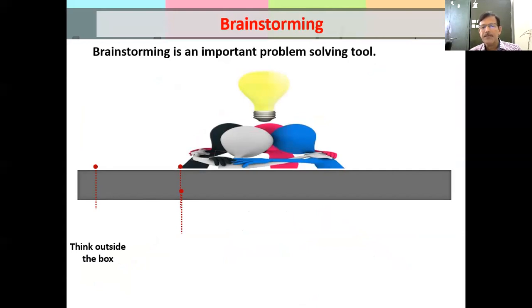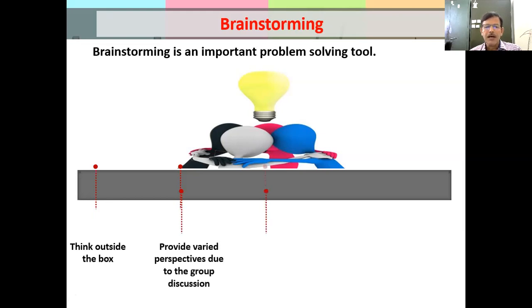Suddenly, without much thinking about the existing problem, you are giving some solutions to solve those problems. So it is nothing but thinking outside the box, which we call brainstorming. Suddenly you have to think what may be the solution to that problem without thinking much about the feasibility of that idea.